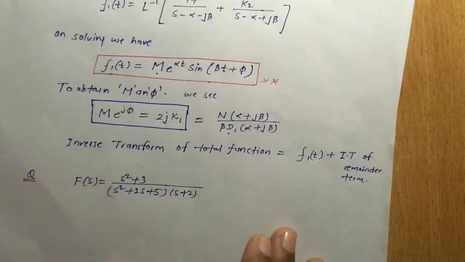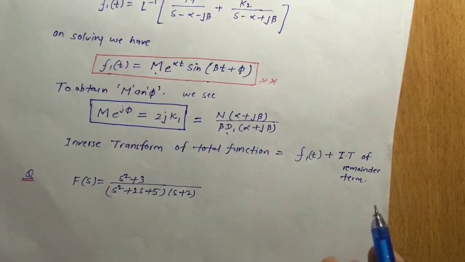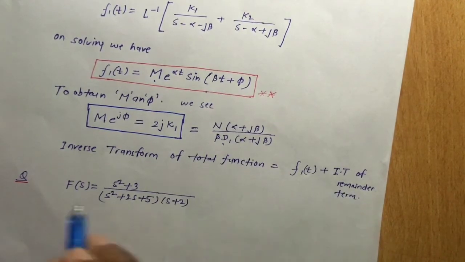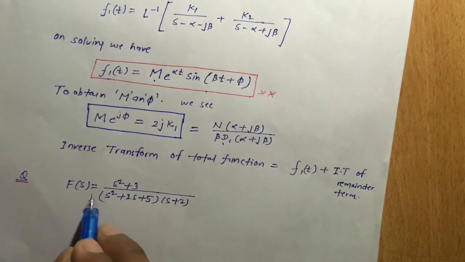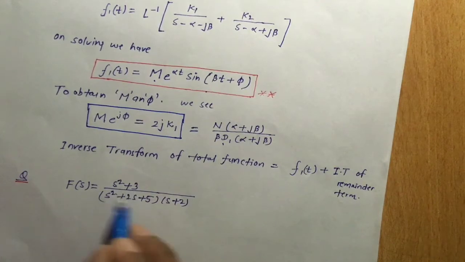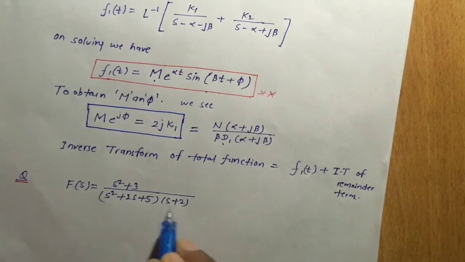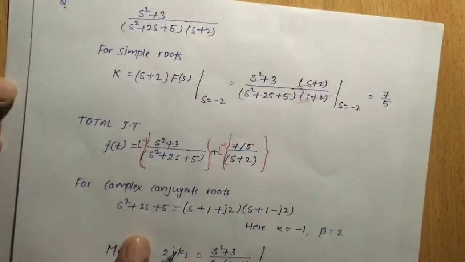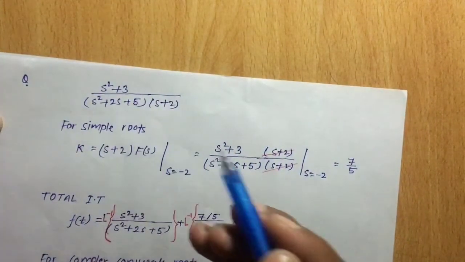Now, an example. We have to find the inverse transform of F(s) equals s square plus 3 by (s square plus 2s plus 5) into (s plus 2). This is the equation.